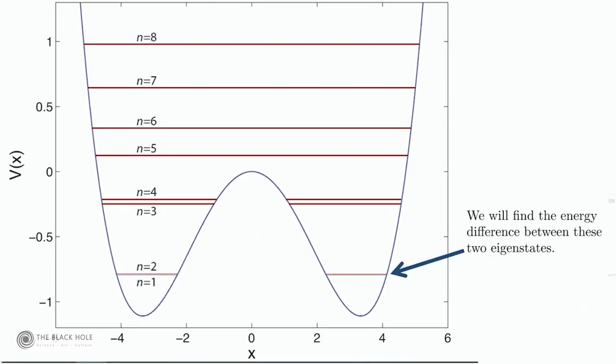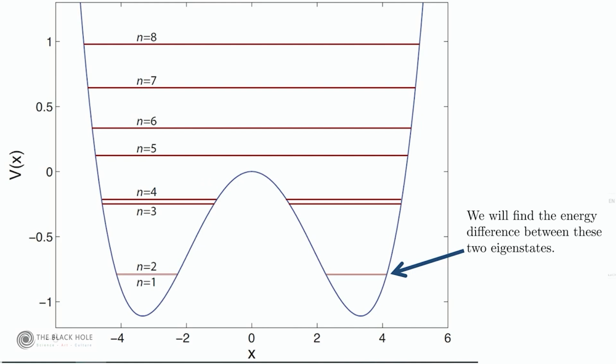And this is to tell you where we are going. If you had an ideal computer which could solve the Schrodinger equation for this potential to any accuracy, you would find that there are two states, n equals 1, n equals 2, which are extremely close to each other.